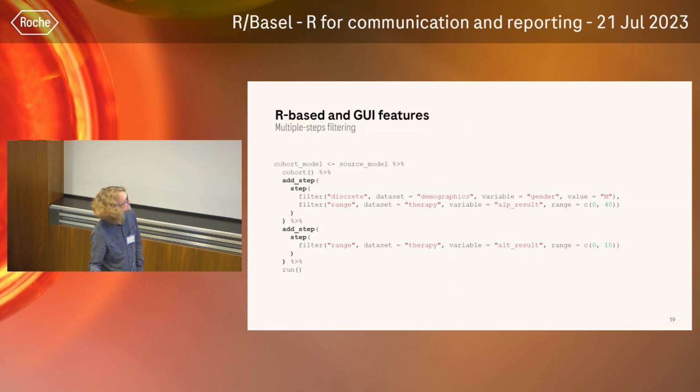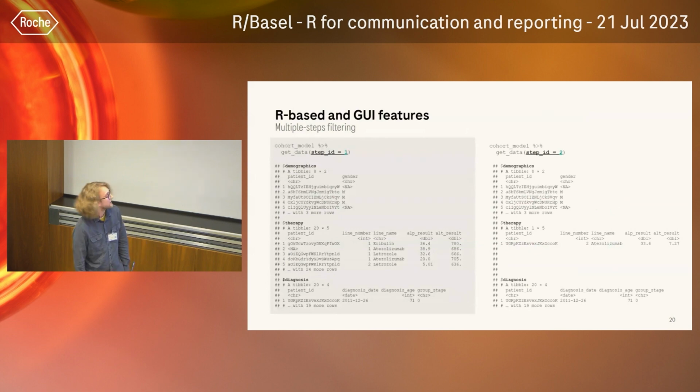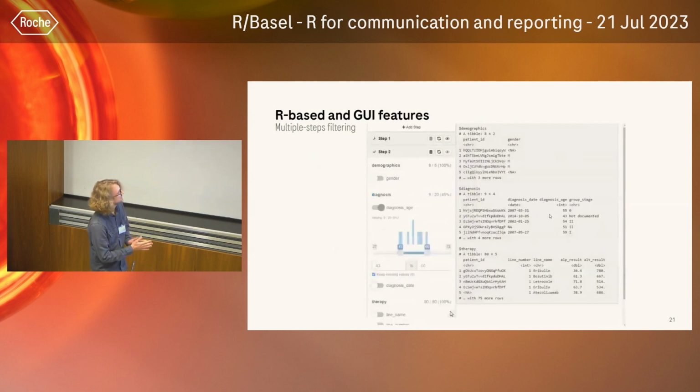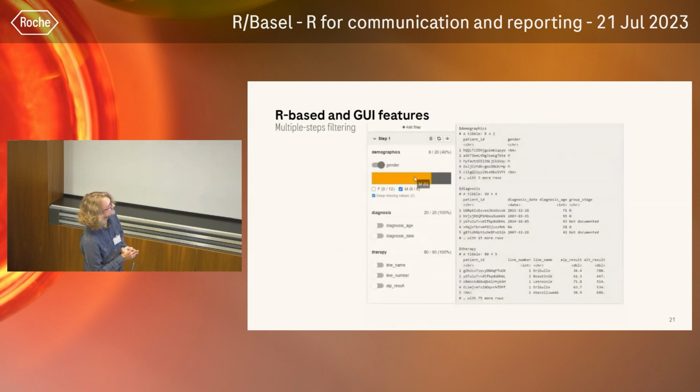Then, if you want to get the data from the first step or the second step, you just provide the step ID argument to the get data function. So here we can see the data from step number 1, and here the data from step number 2. And it is reflected in the GUI as well.